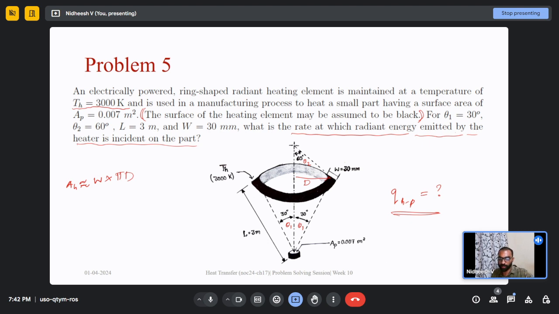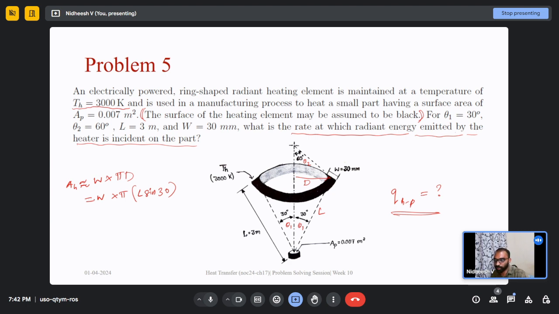The circumferential area into width will give the area of this ring, that is width multiplied by pi into, but again the diameter of the ring is not given, but we have been given this length L, so this would be L sine theta, right? L into sine 30 degree. With that we can find out the area of the heater ring.